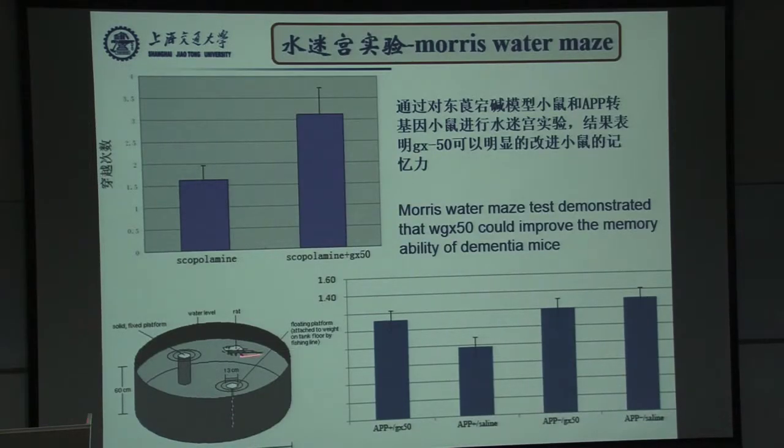This water maze experiment is well known as an animal model of Alzheimer's disease. We inject some poison molecule into the mice, so that it loses memory immediately.